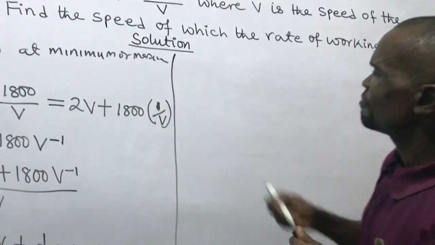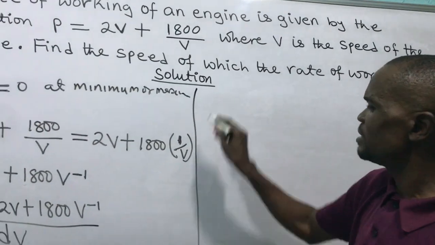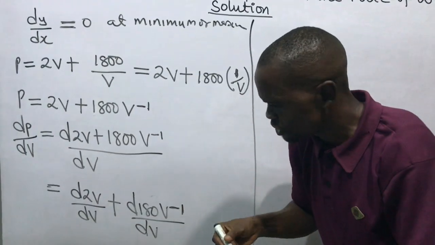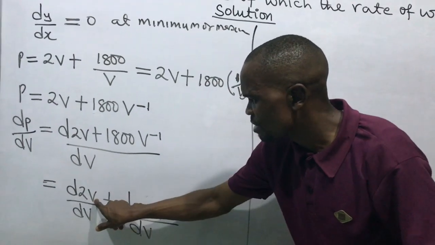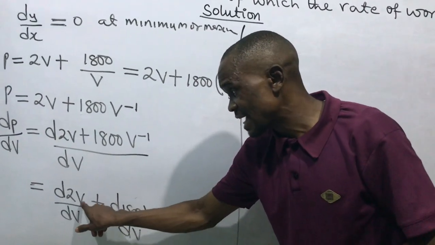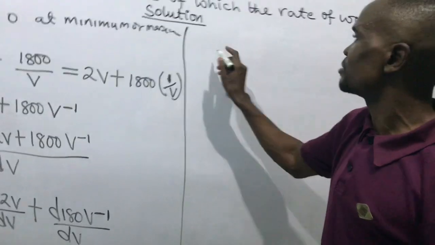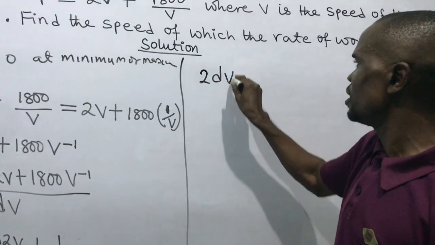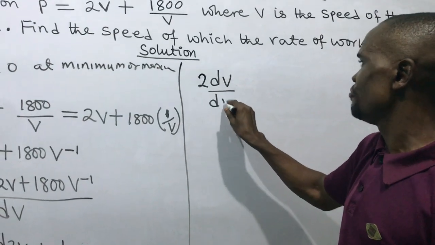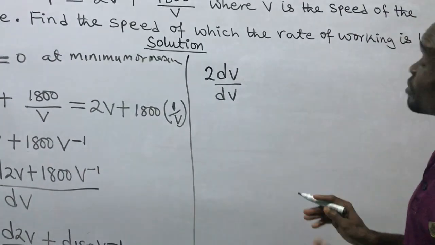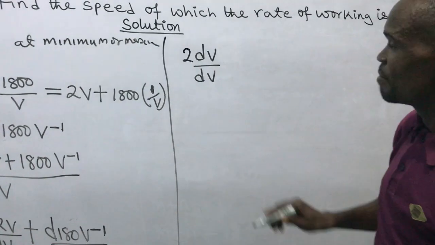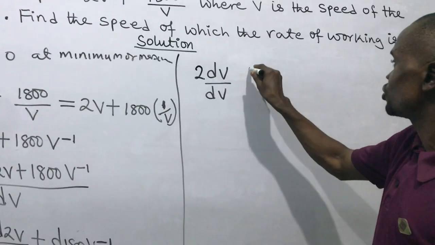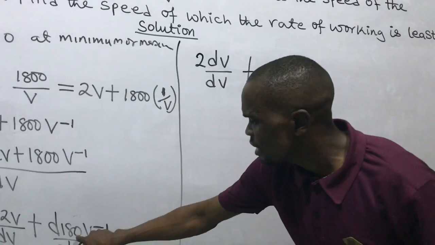Looking at this, 2 is a constant and V is a variable. Since this constant is attached to a variable, I can bring it out. I'm going to have 2 dV over dV. Plus, this one is a constant.